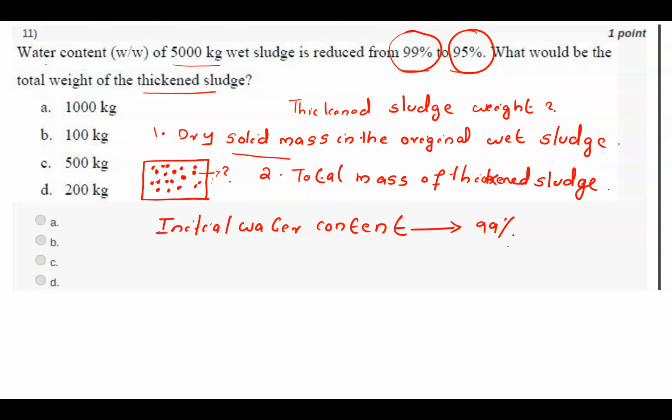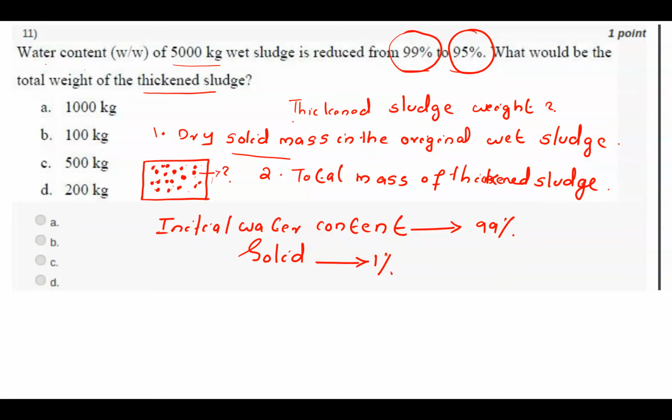Then from this value, what do you think the solid inside is? This statement means this space is 1 percent. You can see in this figure the dots, and the empty space means water.